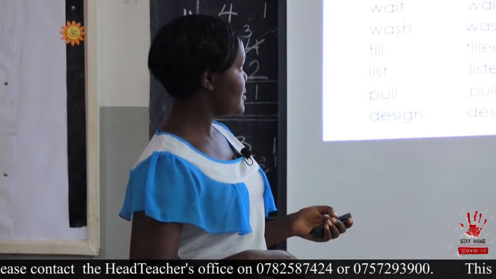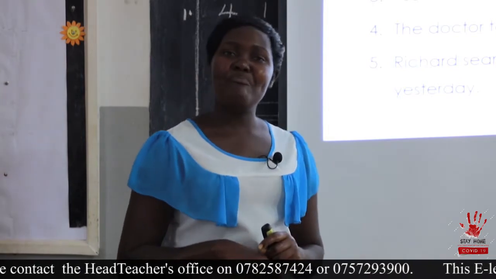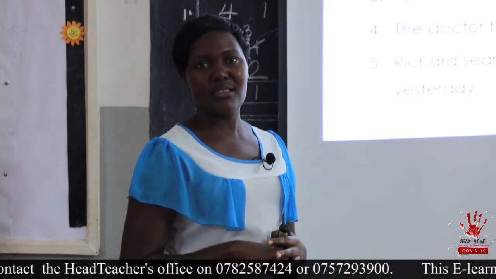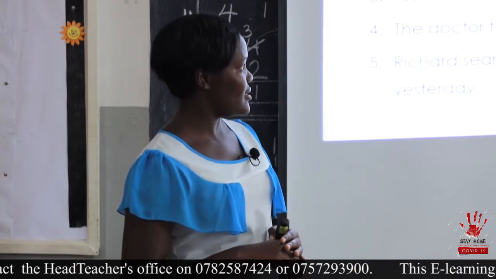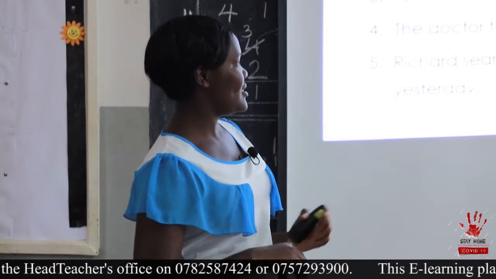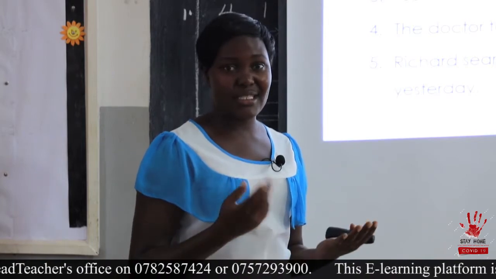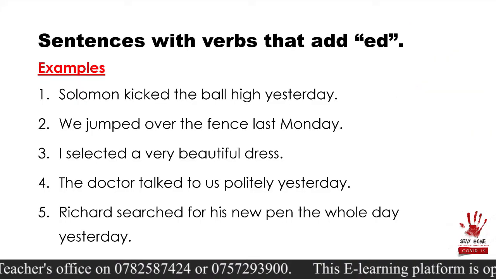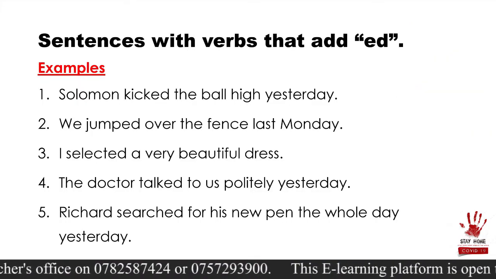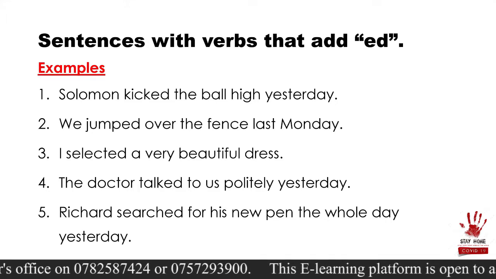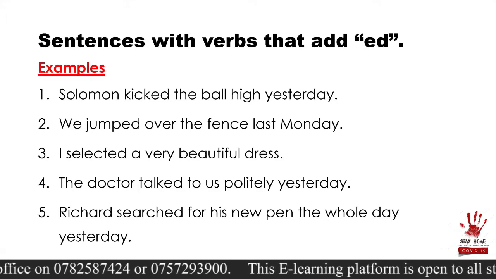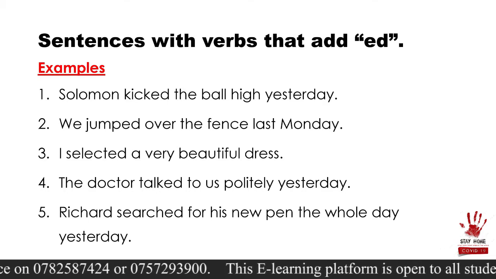Add on the list. So how best can we use these verbs in sentences? I'll never forget this step. I just enjoy it. Constructing sentences, I always check on my grammar, my speech. One, Solomon kicked the ball high yesterday. What did Solomon do?